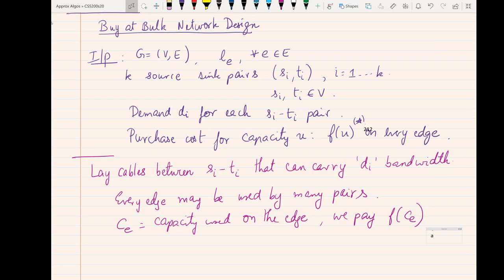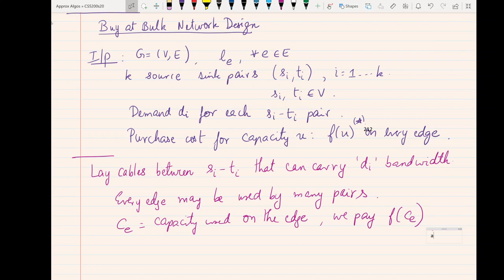You also have k source-sink pairs, and the goal is to route demand d_i between the s_i-t_i pair. So think of this as being some sort of a network of cities, and you want to have at least so much bandwidth to go between a source city and a destination city in the graph, which is s_i and t_i. You need d_i amount of bandwidth on that. And so you need to figure out on what edges, how much do you need to buy.